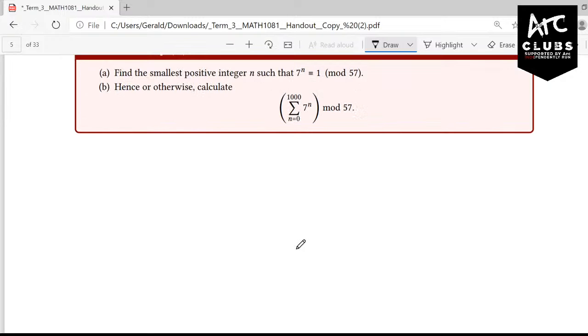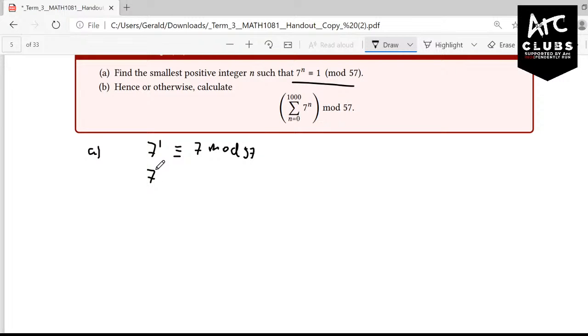Okay, so this next question is a very common question that you see a lot in past papers. And it's basically using the fact that we want to find this result in order to find this huge sum. So the first part is fairly straightforward. You just basically keep increasing n until you hit 1 mod 57. So 7 to the power of 1, well, clearly that's 7 mod 57.